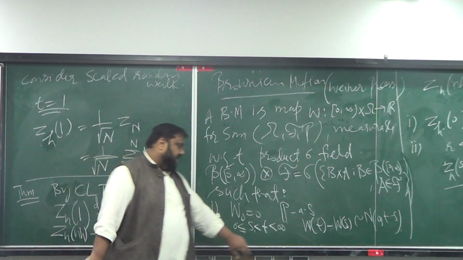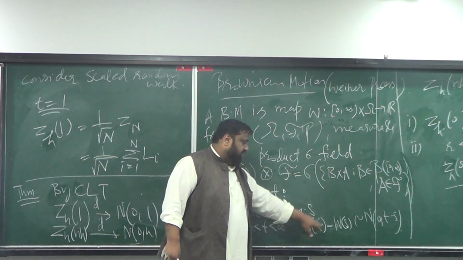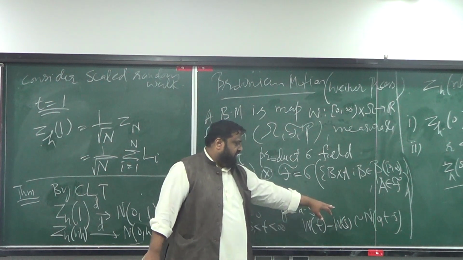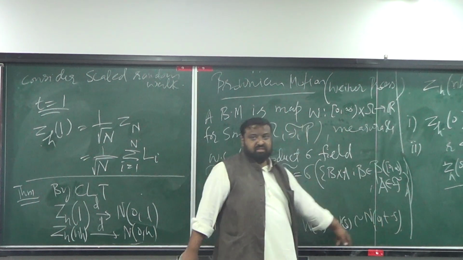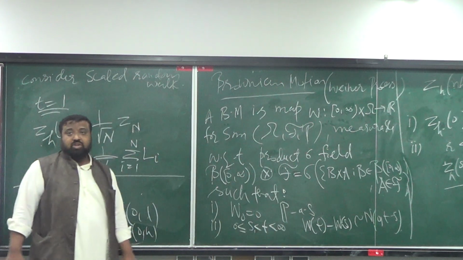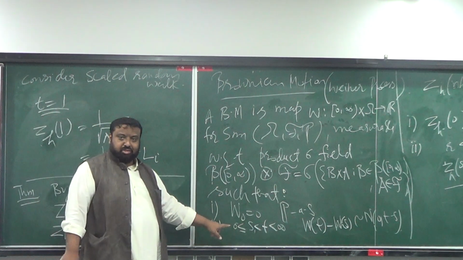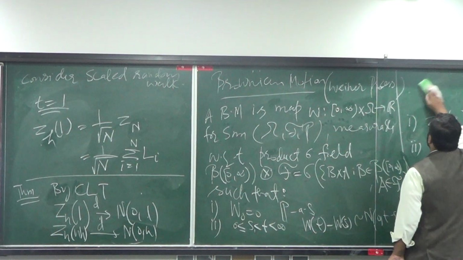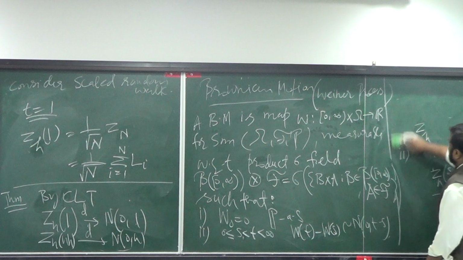Or you can simply say, if we choose s to be 0, W_t is normally distributed with mean 0 and variance t. We know our scaled random walk also has this property.